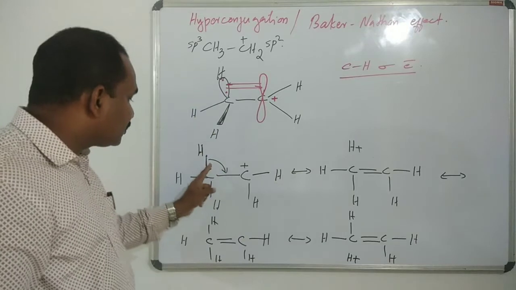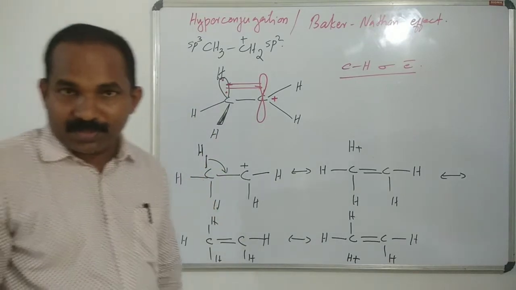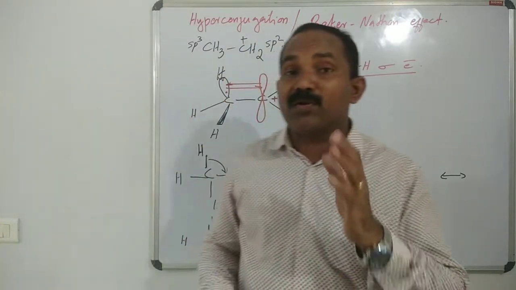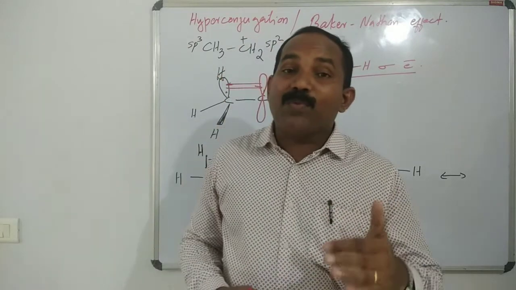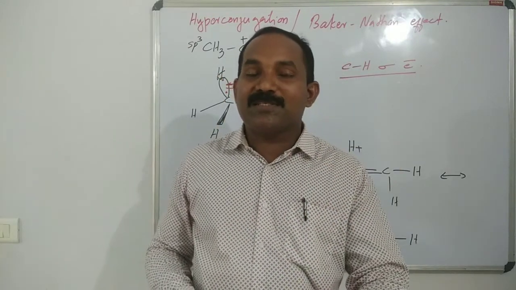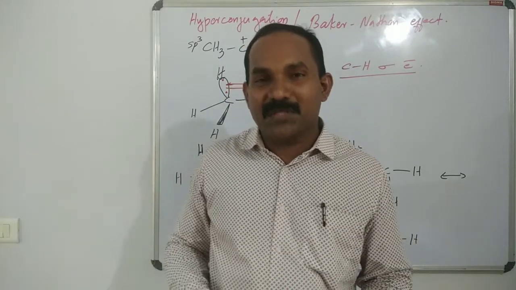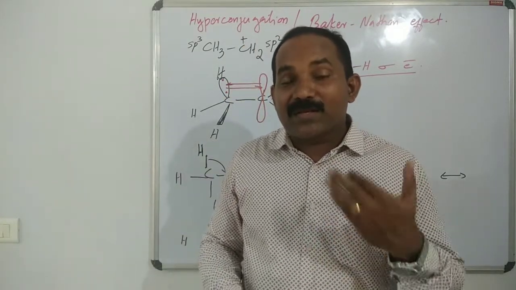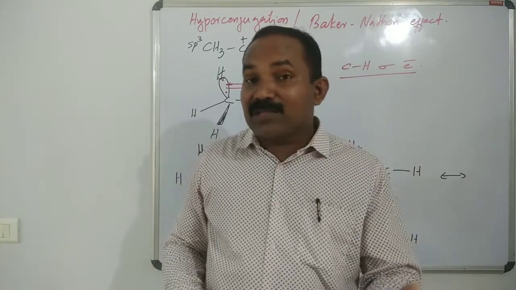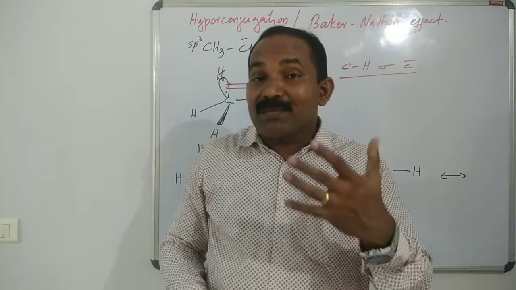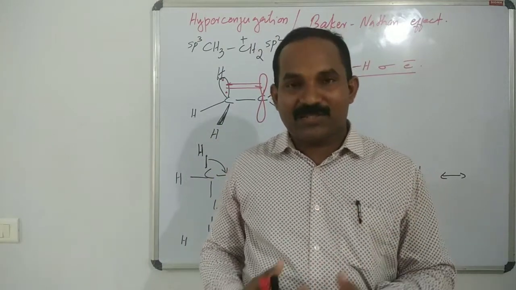So with 3 hydrogens on the adjacent carbon atom, we have 3 hyperconjugative structures. When the number of alkyl groups attached to the sp2 hybridized carbon atom increases, the number of hyperconjugative structures also increases.